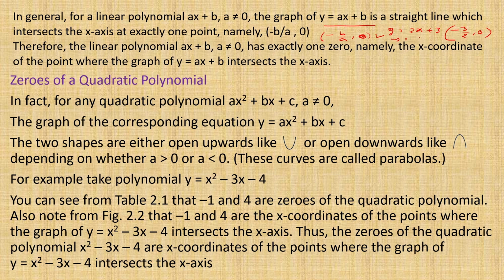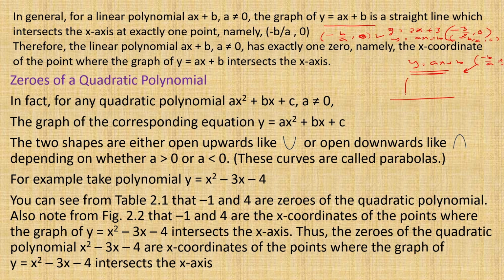Similarly, y equals ax plus b means the zero is minus b by a comma 0. So for any equation of this form, the zero is always minus b by a comma 0.